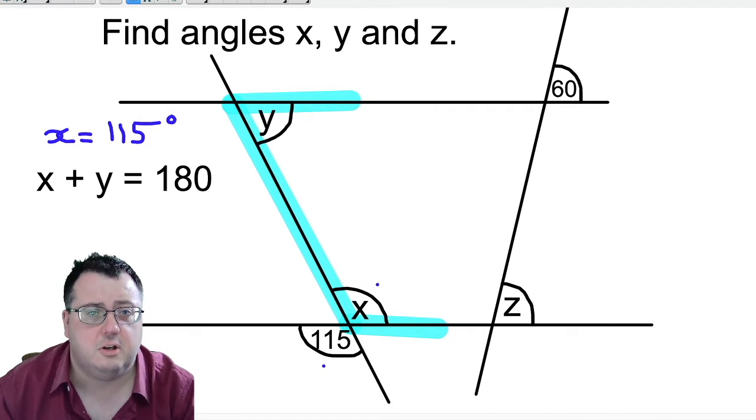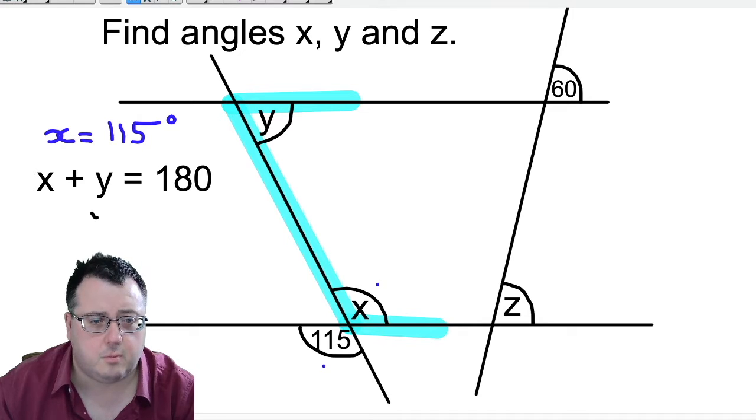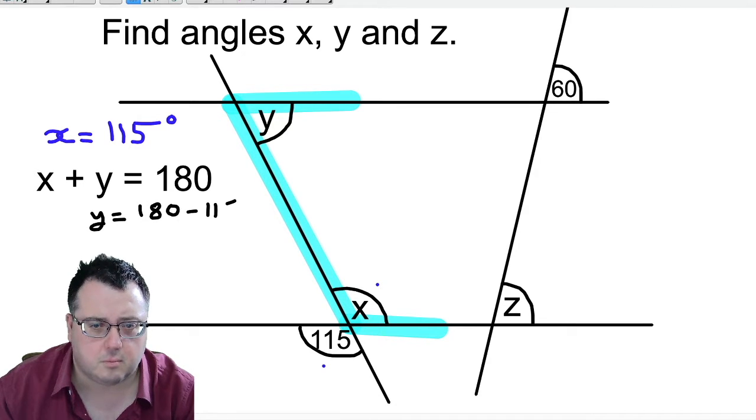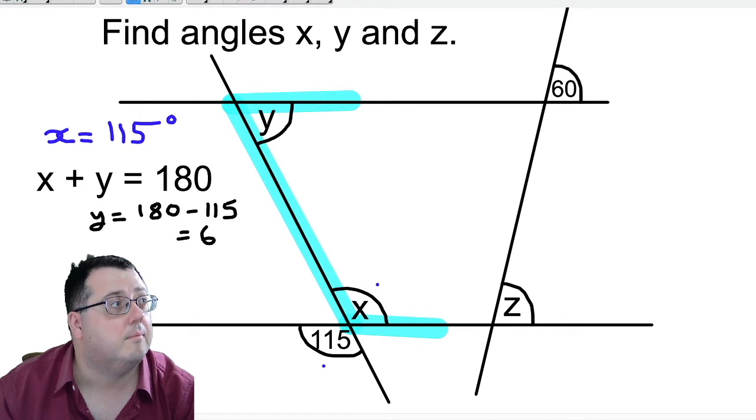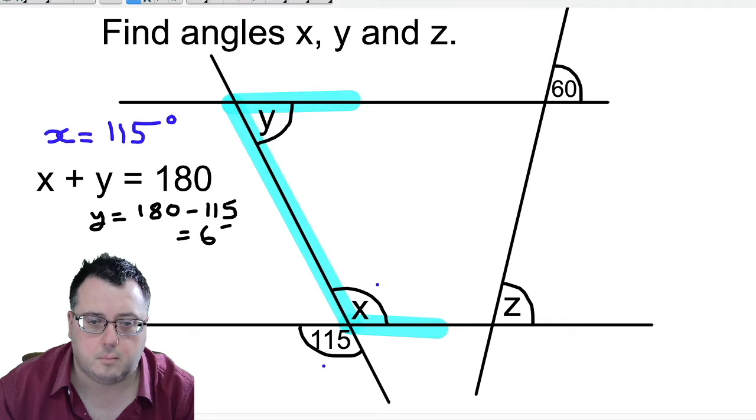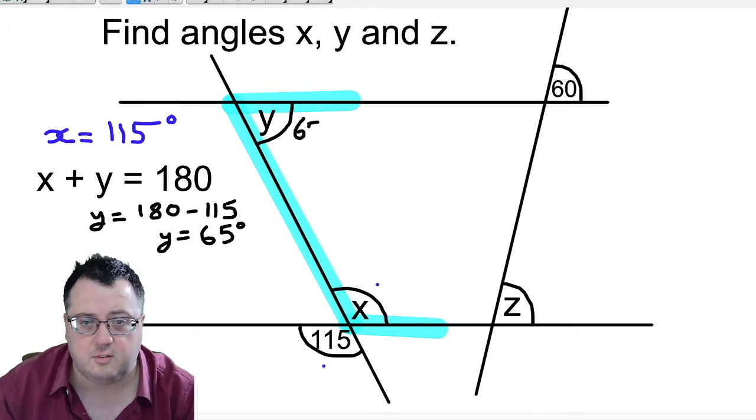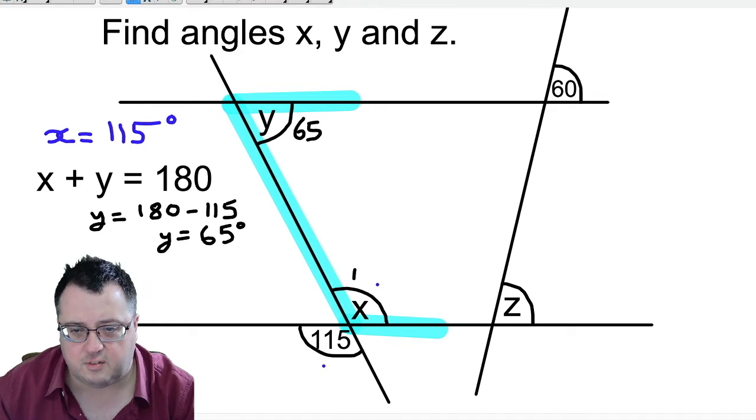So we know what x is, we know it's 115, which means that y will equal 180 minus 115, which is 65. So I'm going to fill that in on the picture. This is 65. This is 115.